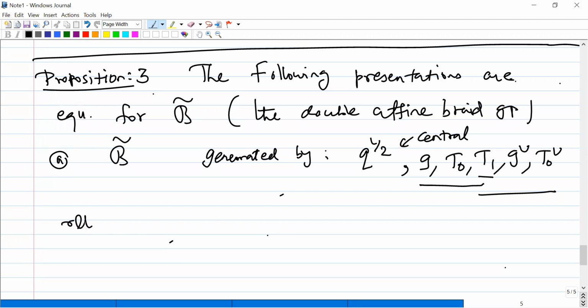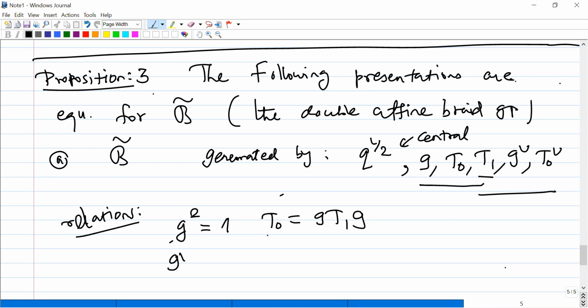So the relations are given by, so first G square is 1, and T naught equal to G T1 G. Okay, so this is coming from the first braid group. So the second braid group, G check square is 1, and T naught check is G check T1 G check inverse.